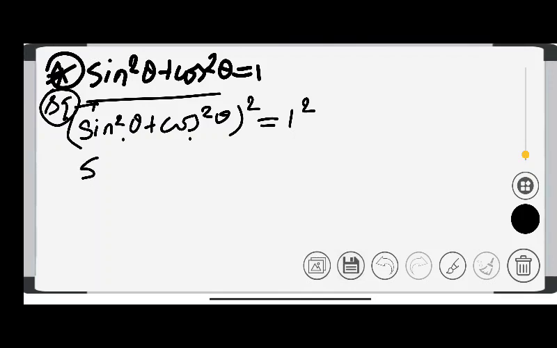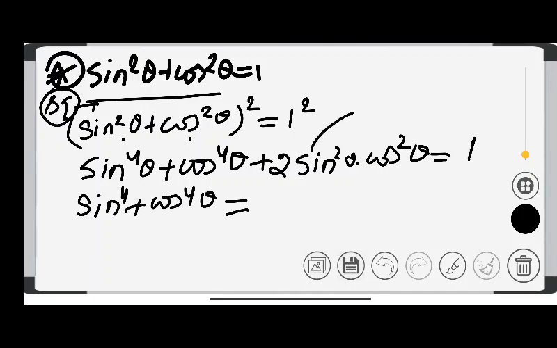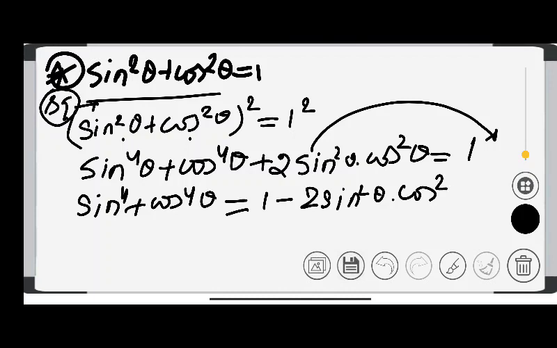What do you have to do? This gives sine power 4 theta plus cos power 4 theta plus 2 sine square theta cos square theta is equal to 1. If I take the sine power 4 plus cos power 4 theta on one side and move this term to the other side, I get 1 minus 2 sine square theta into cos square theta. So the identity is this one.